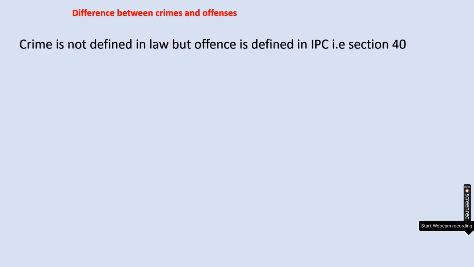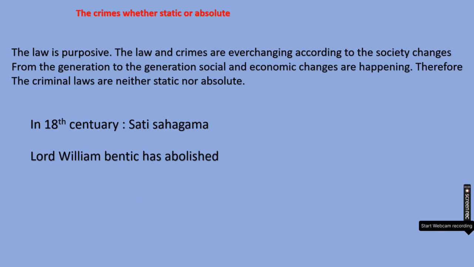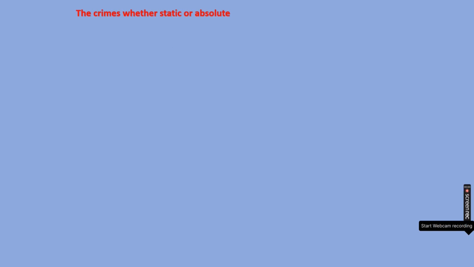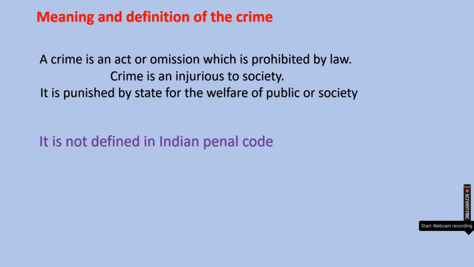So this is about the meaning of crime, from the Law of Crimes, first unit. If we know the meaning, definition, differences, and whether crime is static or absolute, then the first unit is completed.